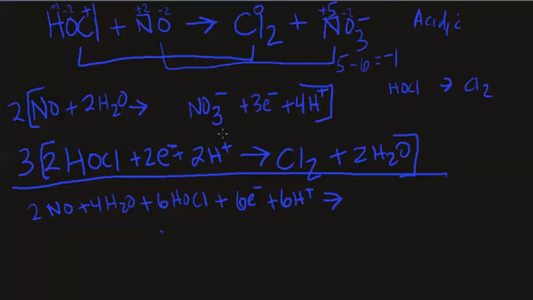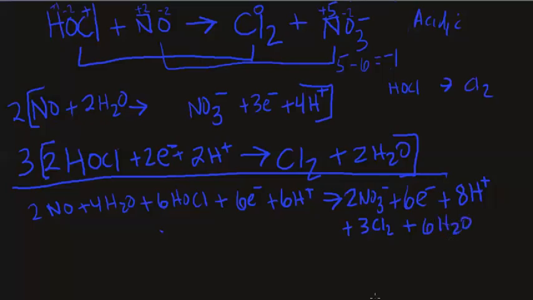All right, on our product side, 2 times, we're going to have 2 nitrates plus 2 times 3, 6 electrons plus 8 hydrogens, and I'm running out of room, so I'm going to do this down at the bottom. Plus for this, we have 3 chlorines plus 3 times 2 is 6 waters.